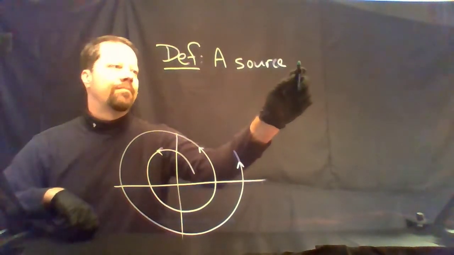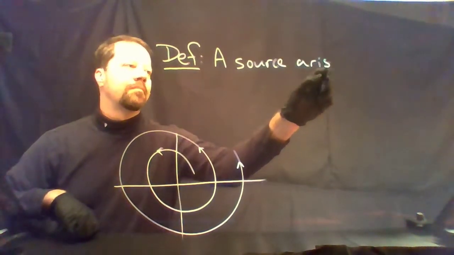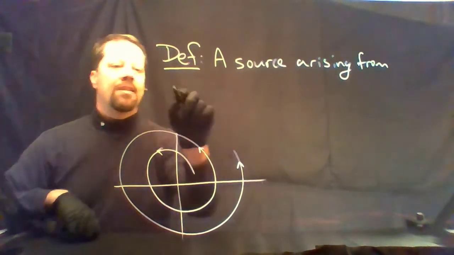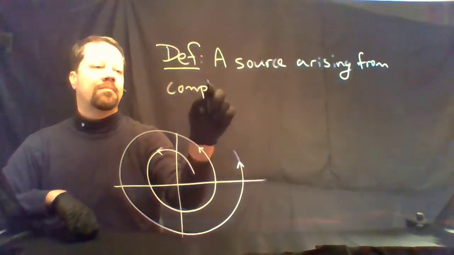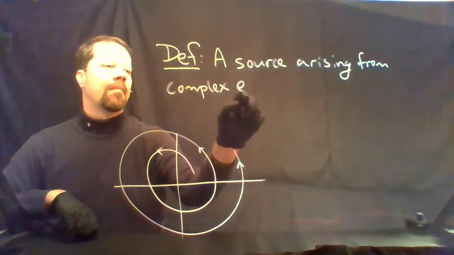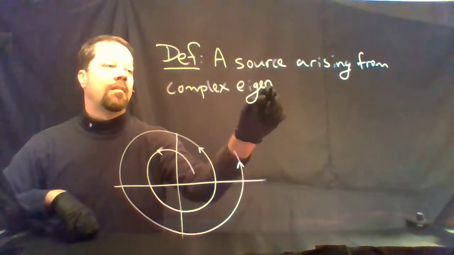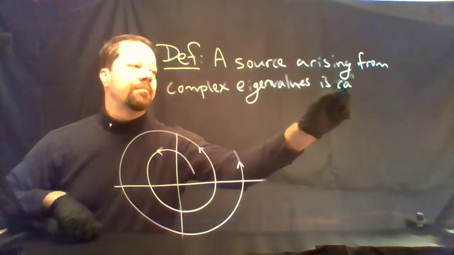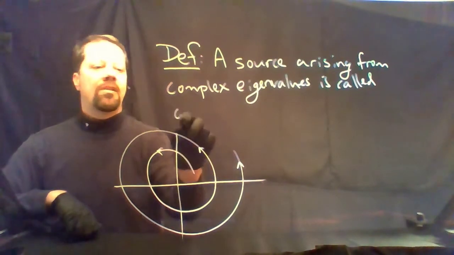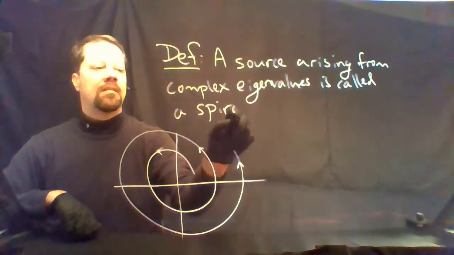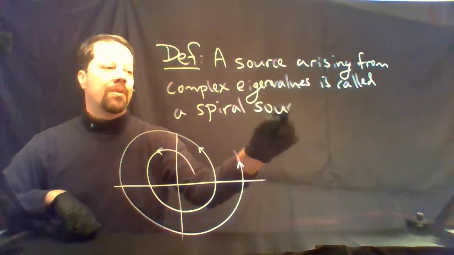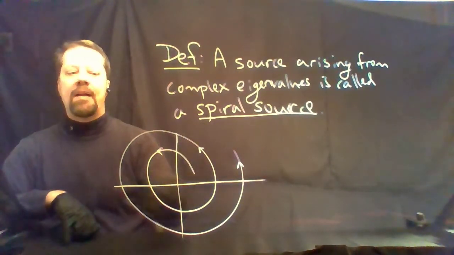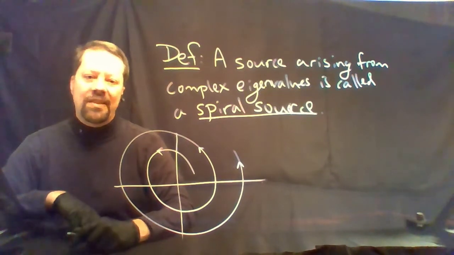A source arising from complex eigenvalues is called a spiral source because they spiral out from the equilibrium at the origin.